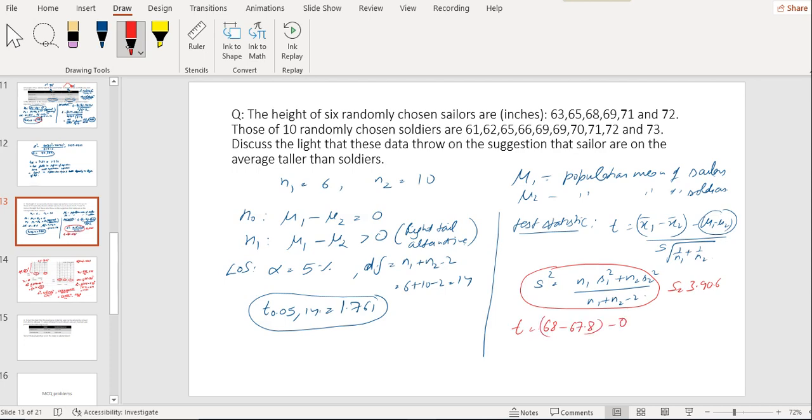T equals (68 minus 67.8 minus 0) upon 3.906 into the root of (1 upon 10 plus 1 upon 6).